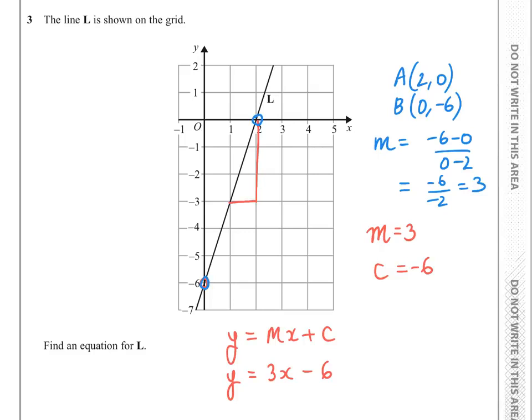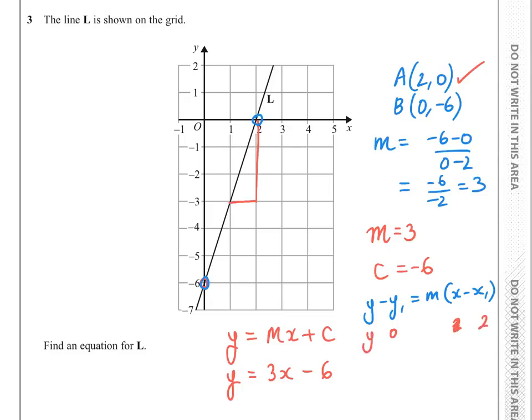And some of you might know the formula. Y minus y1 is m(x minus x1). And all you do is choose one of your coordinates that you know. So this one, it's the easiest one. And you just substitute x1 for 2 and y1 for 0.